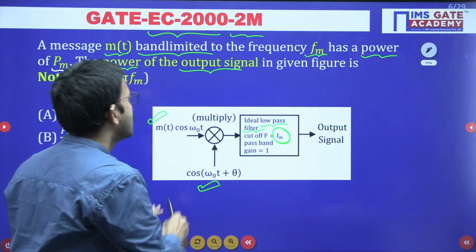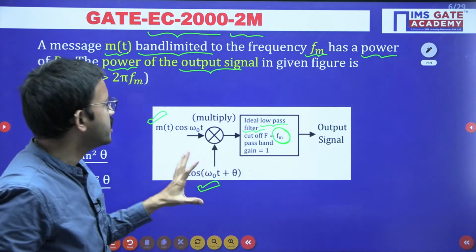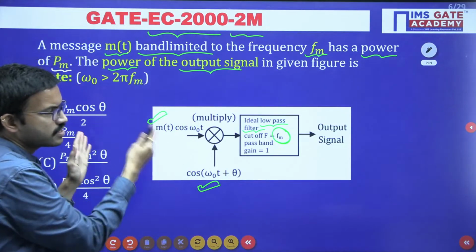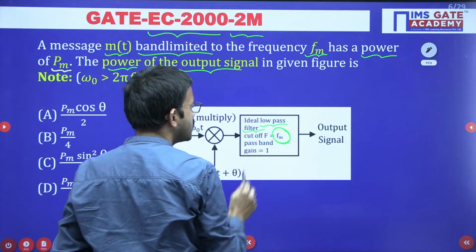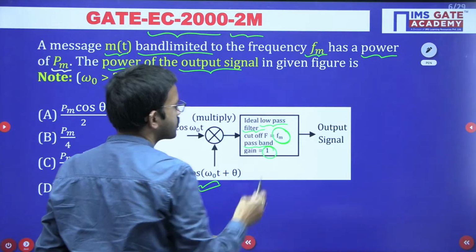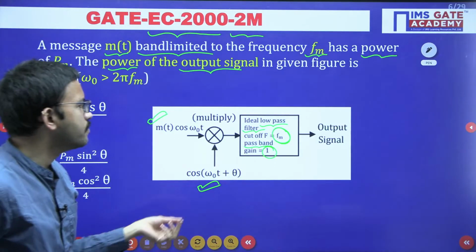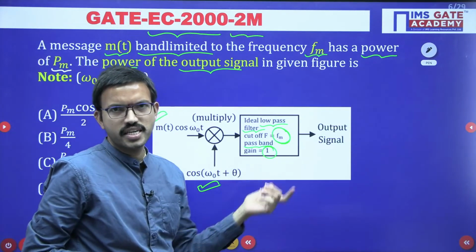So that means this particular block diagram is nothing but the demodulator of DSB-SC signal, yes or no? And here regarding the low pass filter, it is having the pass band gain as 1. Sometimes in some questions they can mention other than 1, according to the requirement they can mention 2 or 3, etc., right?